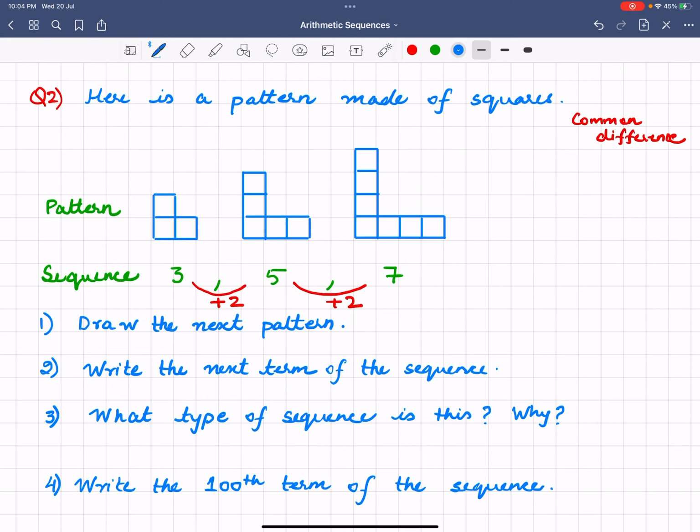The next pattern of the sequence obviously will have 7 plus 2, which is 9 squares. So let's make the next pattern with 9 squares. We'll start from here.